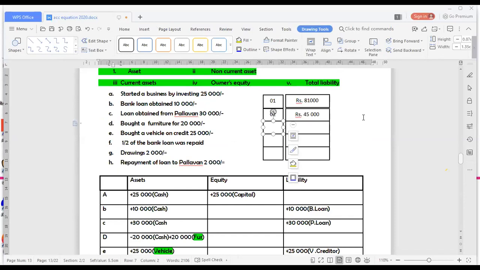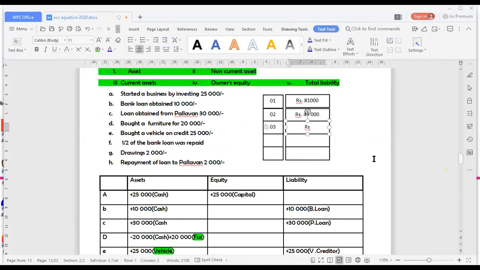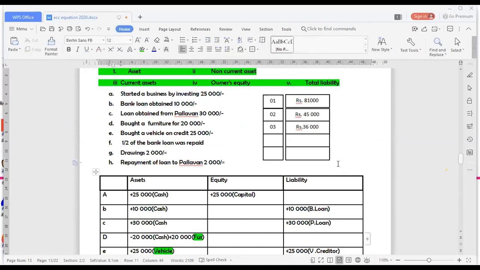Number 3. Current assets. You know, total asset is 81. Non-current asset is 45. So the balance will definitely be current asset. How much? That is 36,000 rupees. Simple answer. Can you understand what I said?